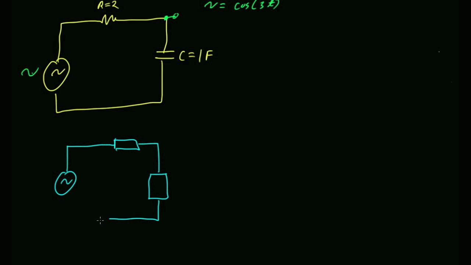At this frequency, what's the impedance of my resistor? 2. Does a resistor have anything to do with frequency? No. It's always real. So the impedance of my resistor is 2.